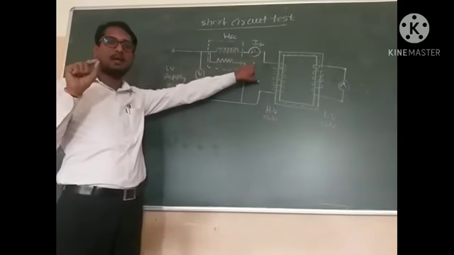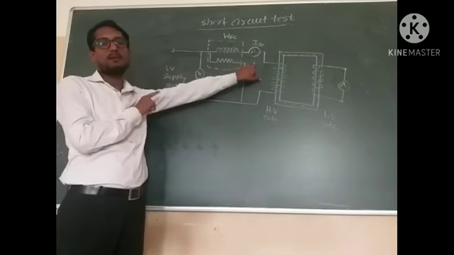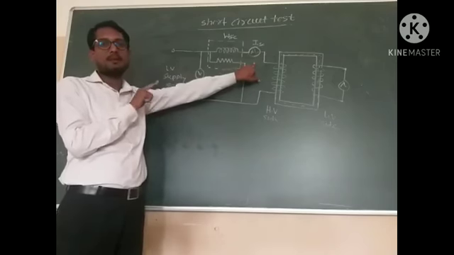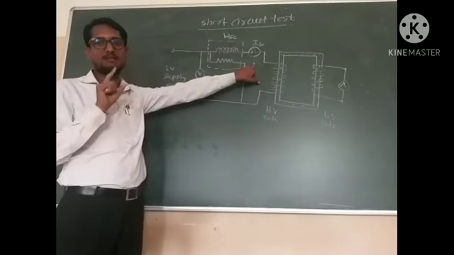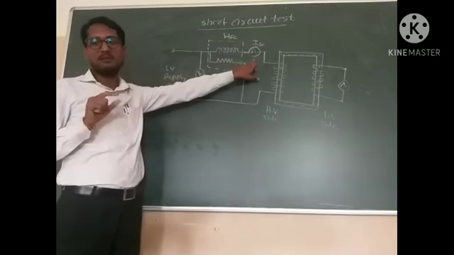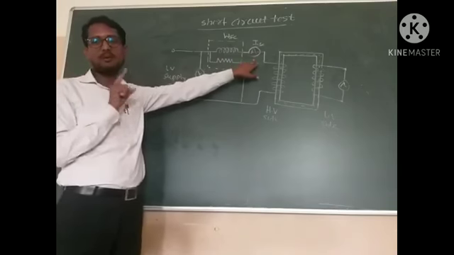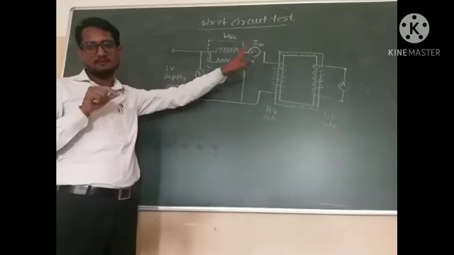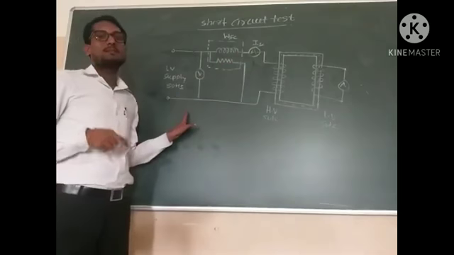If the ammeter measures the full load rated current, we have to stop increasing the applied voltage and note the readings. So the applied voltage is very small.